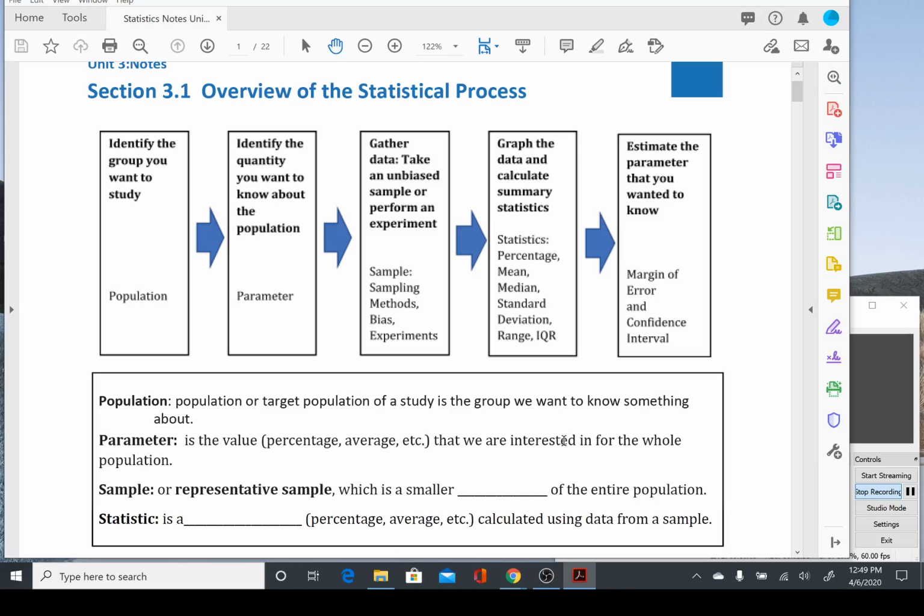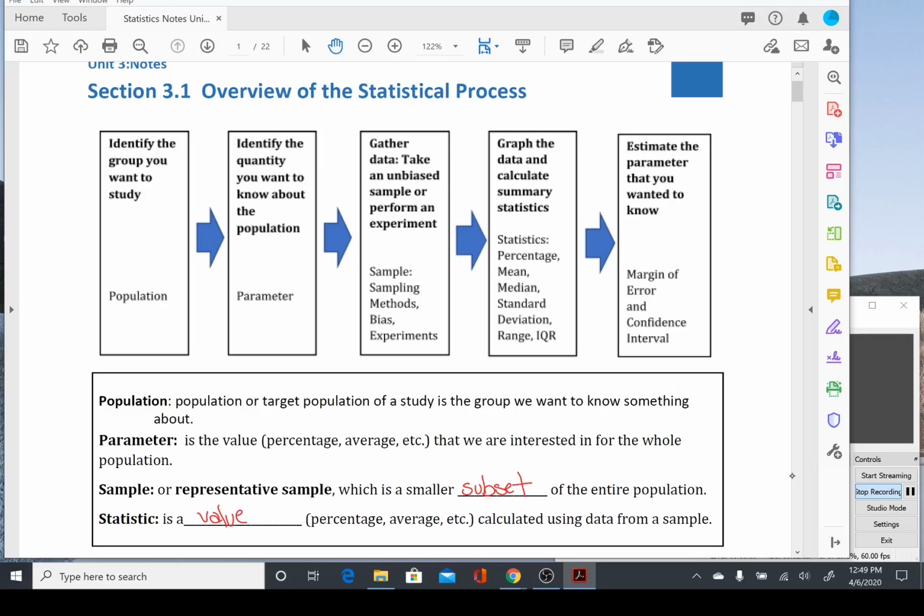But because we can't gather an entire population together in order to study it, we will take a sample or a representative sample, which is a smaller subset of the entire population. The statistic is a value that is calculated using the data from that sample.